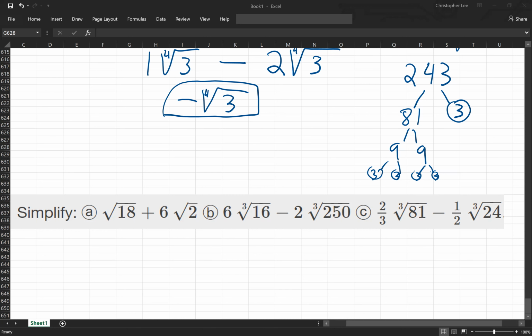You use the calculator though, for the 243, you just knew. No, I didn't know. So what I did, you see how it's 243? I added all the digits together. 2 plus 4 plus 3. 2 plus 4 is 6, 6 plus 3 is 9. So I know that 3 can divide 9, which means that 3 could divide 243.